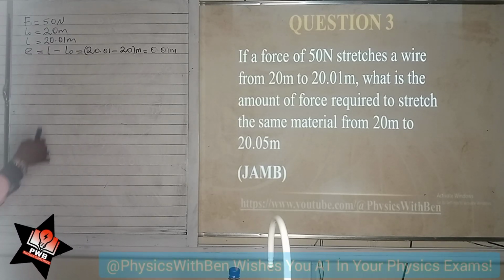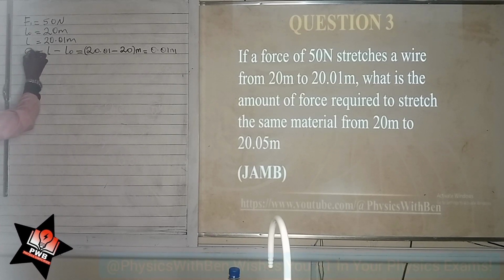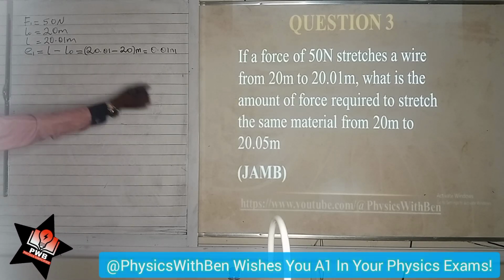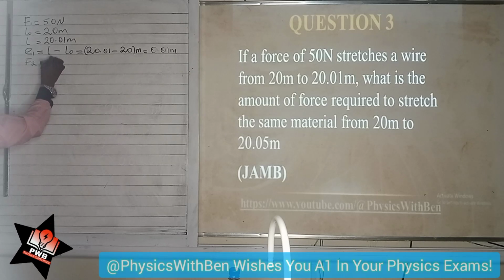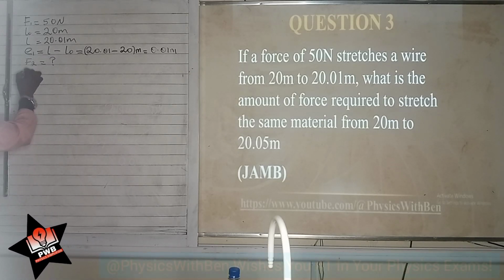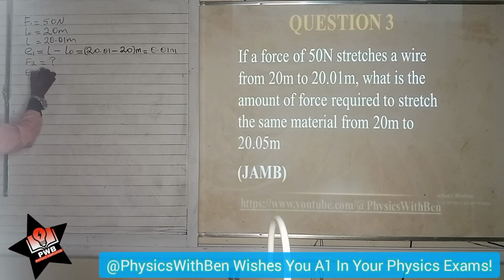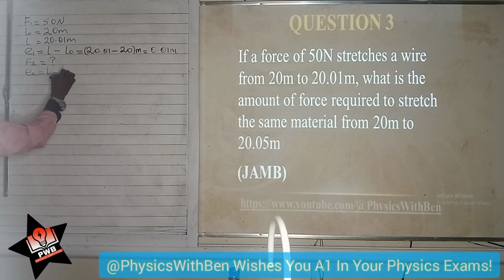And so, what is the amount of force? They are asking us, in this case, this is your E1. We have the first extension here, so E1 is equal to that. So they're asking you for the second force. F2 is not given. And then your E2 is given to be what? It's the increase in length minus the original length L0.